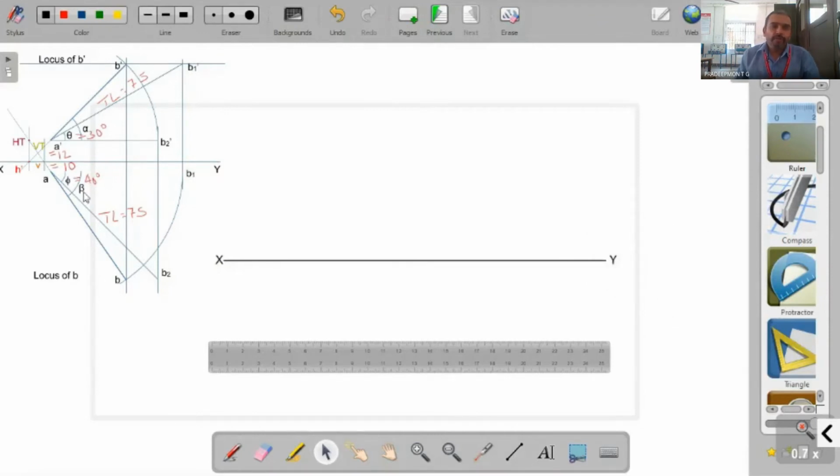Now what we have to do is mark the distances 12 millimeter and 10 millimeter, so that first we locate a dash as well as a. In order to do that, first we locate an arbitrary point on the xy line, and from this line we draw a perpendicular line.